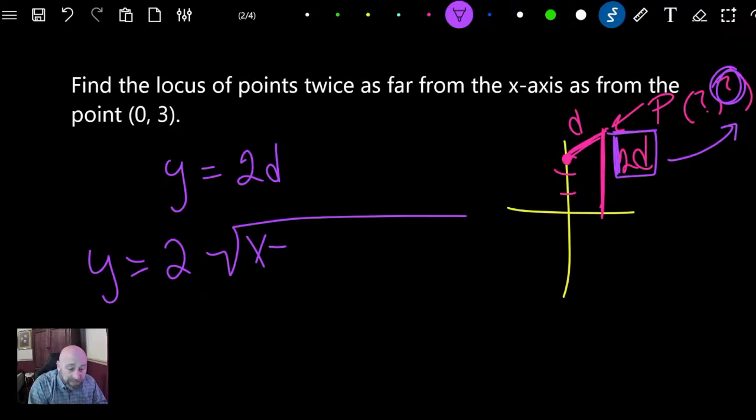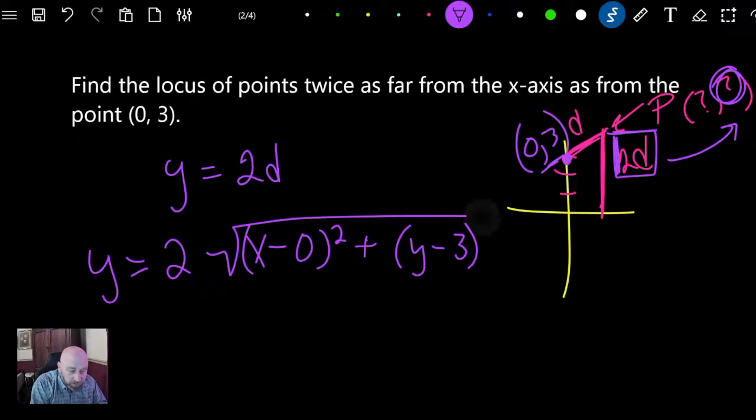So what is x1? Well, this point here was 0, 3, right? This is the one point that we know. So from our one point, our distance is 0 on the x, and that's going to be squared, plus our y point minus 3, because that's the y point that we know, and that is also squared.